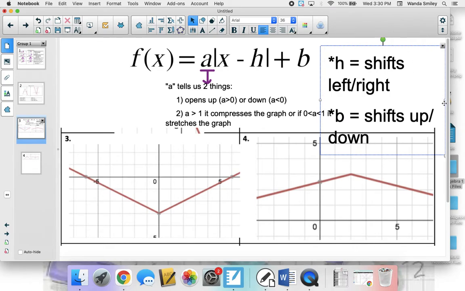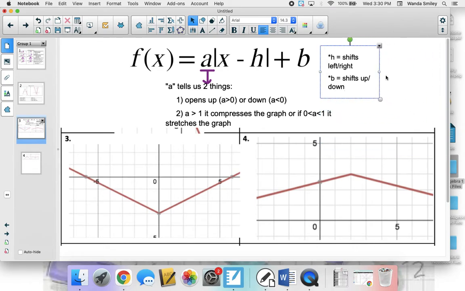And it's going to be the opposite of what you see in the thing. So that means if it looks like minus a number in here, it's going to go to the left. If it's plus, it's going to go left. If it's negative, it goes right. But this one tells us exactly the way it is, okay?